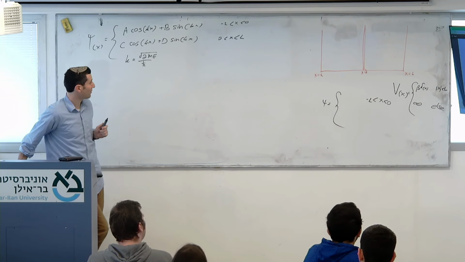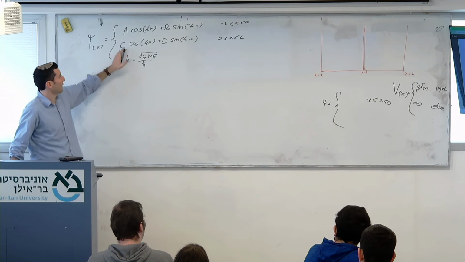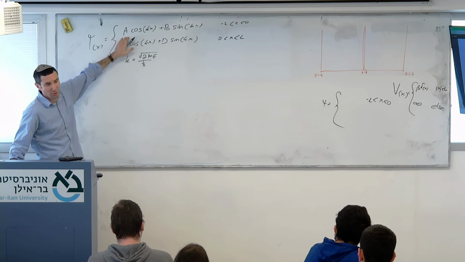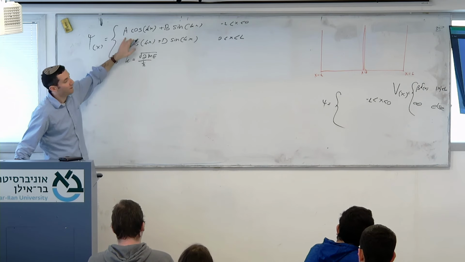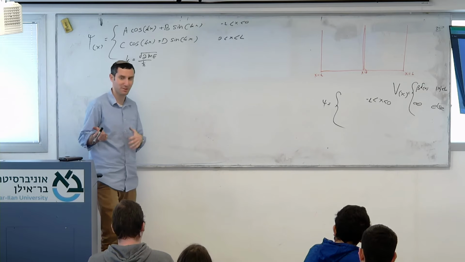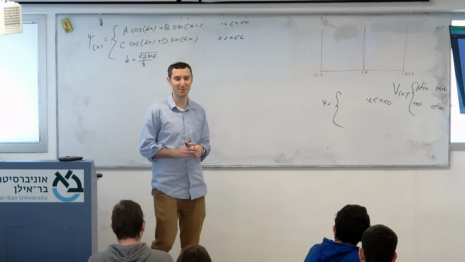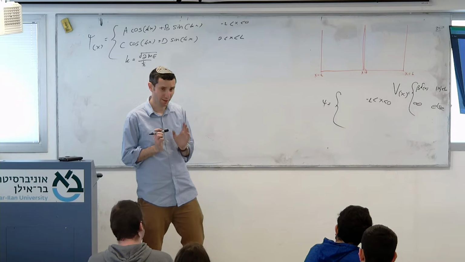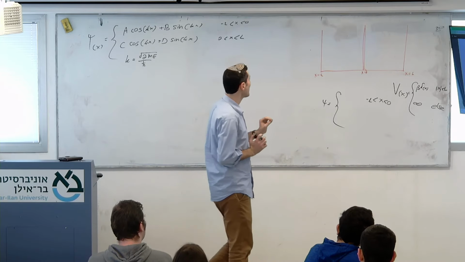And the trick now, again, I need to show that when x is equal to 0, everything is continuous, where the derivative should jump, etc. But there's a big trick here, one specific trick.